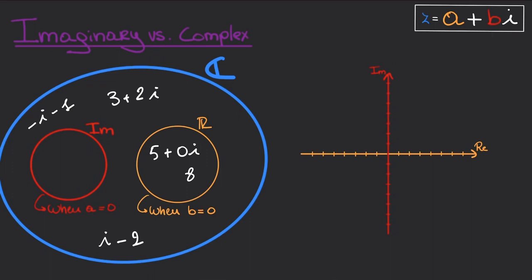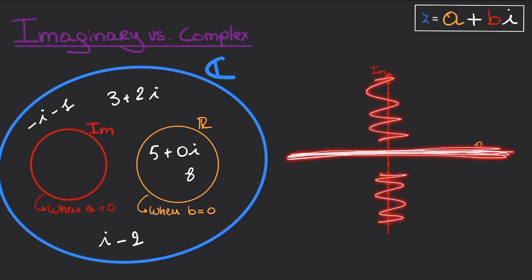Okay, so again, all these real numbers that you have seen so far are just a particular case of this set of complex numbers where there is no imaginary part. In this case, when there is no imaginary part, on the complex plane, it means that we are on this line. When we are on this line, it means that there is no imaginary part, and so it's a real number.